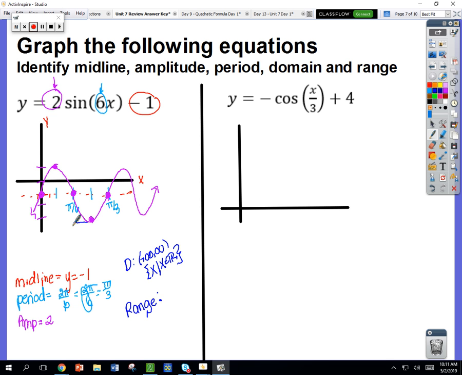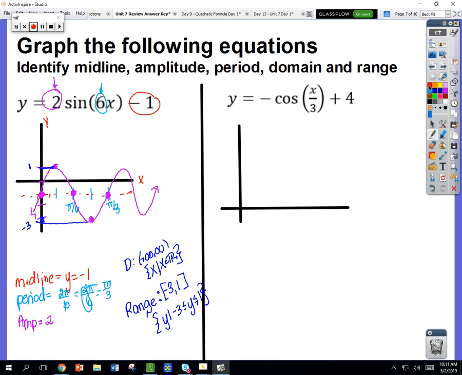So this doesn't get any lower than this tick mark right here, which is -1, -2, -3. And it never gets any higher than this tick mark right here, which is +1. So the range is from the lowest first, -3, to +1. And then if you wrote it in the set notation, y for all my y's are in between -3, less than or equal to y, less than or equal to 1.